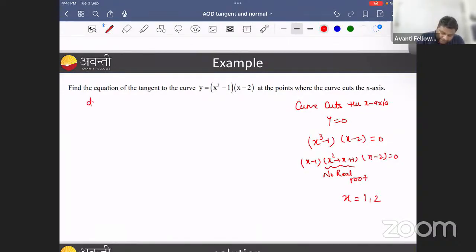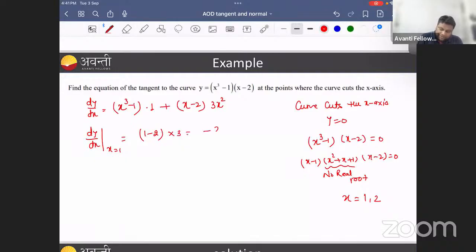Now find dy by dx. It is first derivative of second one plus second derivative of first, which is 3x squared. Got it? So what is dy by dx at x equals 1? It is going to be 1 minus 2 into 3, that is minus 3.